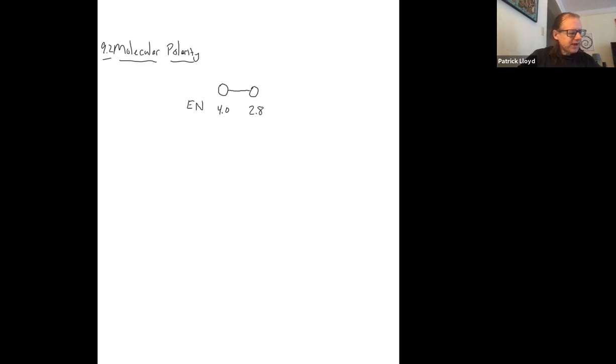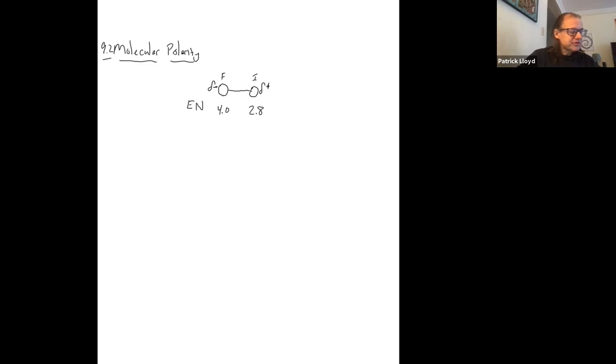So this might be fluorine, for example, and this one might be iodine, for example. What we said was that if there's a difference in electronegativity, the atom that has the higher electronegativity will develop a small negative charge, and the less electronegative atom will develop a small positive charge.